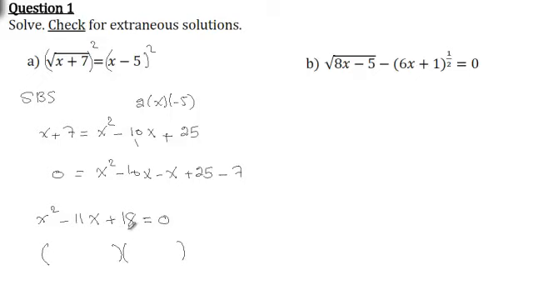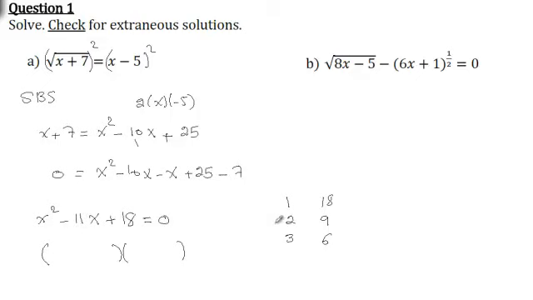Their product is 18: 1 times 18, 2 times 9, 3 times 6, 4 times 4.5, right? But we don't use decimals when we factorize. So we look at the couple whose product is plus 18.